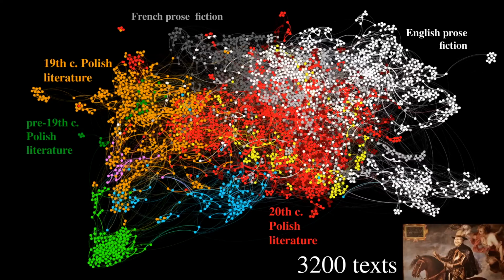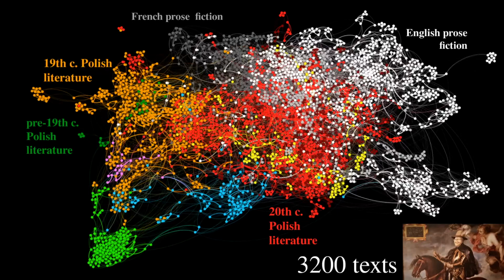And a little to the left, in gray, we have French prose fiction. Two things happen here. Both large bodies of translated literature, the English and the French, first of all, move away from the main body of native Polish literature. We've already seen this before. This is what we call translationese, if you want, stylometric translationese.